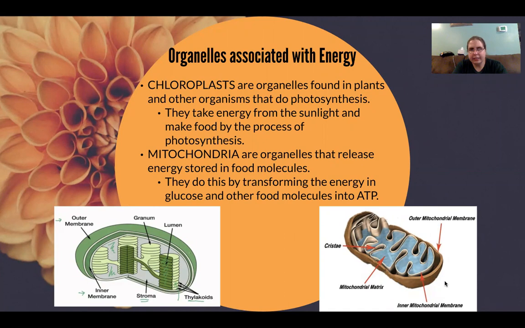And what they do is, we mentioned photosynthesis, and that's a chemical reaction where the chloroplast will take water and carbon dioxide and, using the power of the sun, so it's going to use light as a catalyst to start the reaction, it's going to break the bonds in the carbon dioxide and the water, and then use those materials, the atoms, and rearrange them into glucose, a type of carbohydrate, a food molecule, in other words.